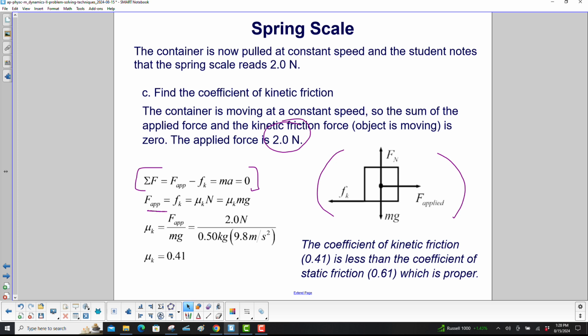So Fap then is equal to the friction force, which is equal to μk times normal, which is μk times mg. Substitute in our values, and we get μk, the coefficient of kinetic friction, is 0.41. The coefficient of kinetic friction is less than the coefficient of static friction, which is proper.